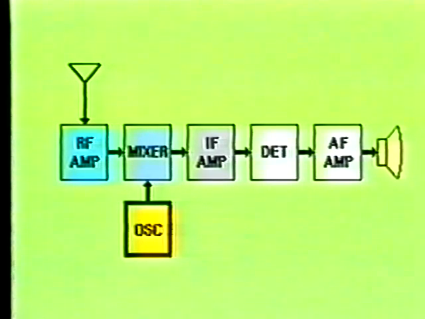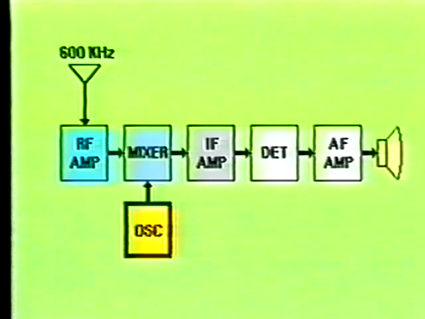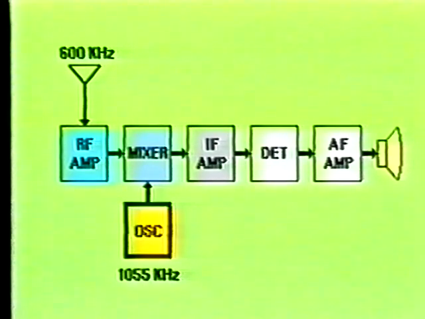The local oscillator will usually operate at a frequency of 455 kilohertz above the incoming RF signal. For example, let's say that the RF amplifier is tuned to 600 kilohertz. Then the local oscillator must be tuned to a frequency of 1055 kilohertz. This way, when the signals are heterodyned, they will produce a difference signal of 455 kilohertz.